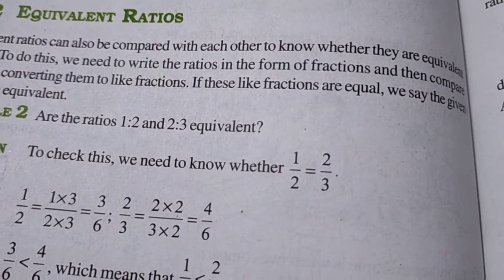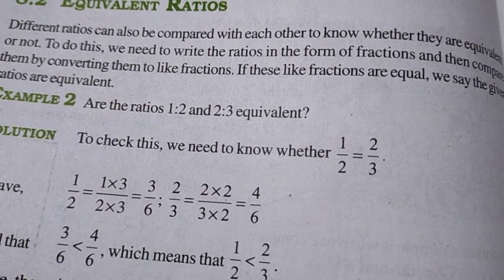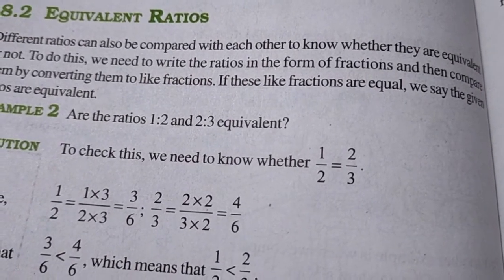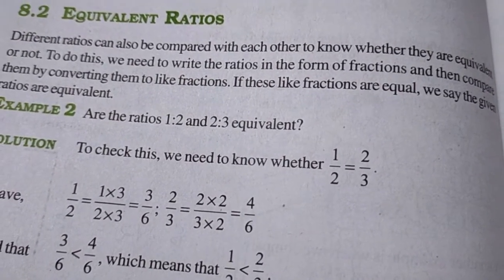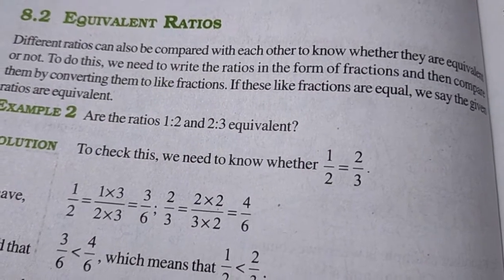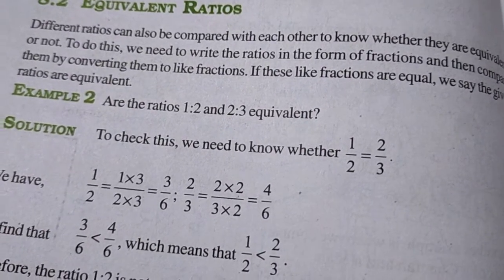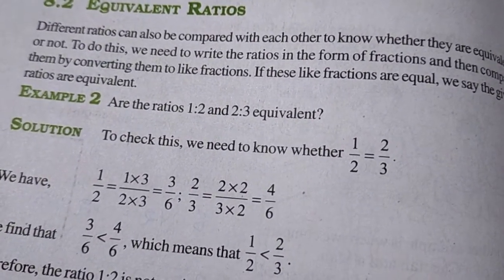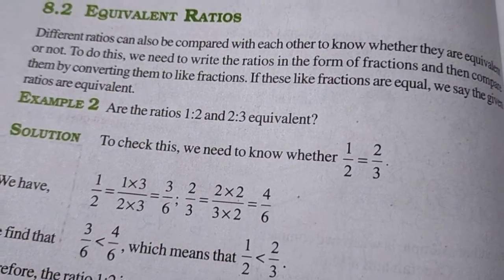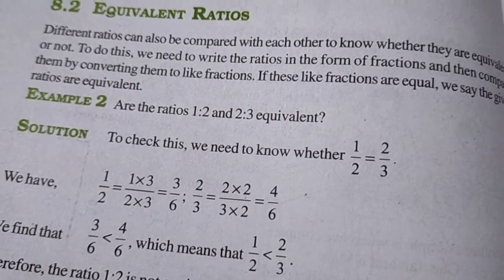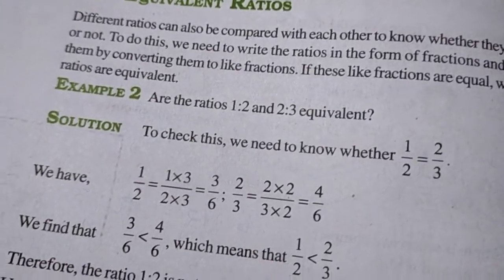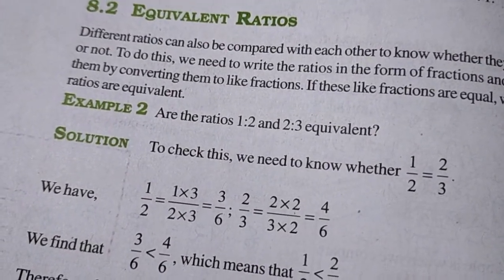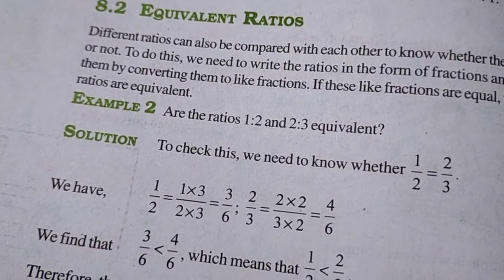If these like fractions are equal, then we can say that the given ratios are equivalent. तो पहले आप रेशियो को फ्रैक्शन के फॉर्म में लिख लीजिए और उसके बाद इक्विवेलेंट फ्रैक्शंस, डिनोमिनेटर्स को सेम कर लीजिए, एलसीएम निकाल के. उसके बाद जो न्यूमरेटर्स हैं उसको आप देखेंगे कौन सा कम या ज़्यादा है.